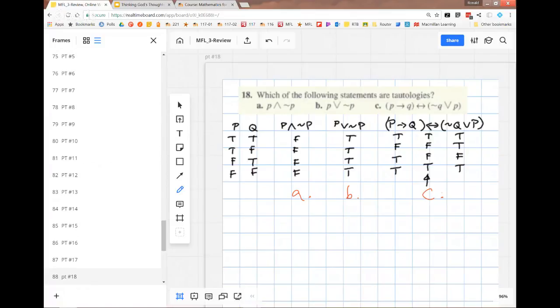When a question is asked in that way, you really need to check them all, and you can put them all in one truth table like I did. And the answer? B. Yeah, only B. In this case, only one of them turned out to be a tautology.